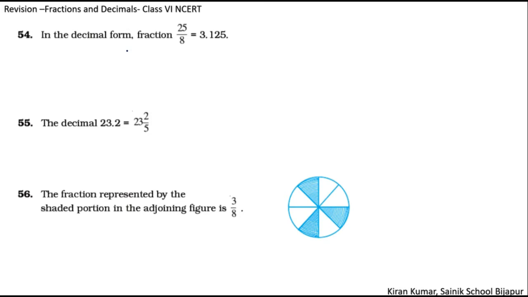For verification, I'll take the given number, which is to be divided. When I divide 25 by 8, 8 3 times is 24.